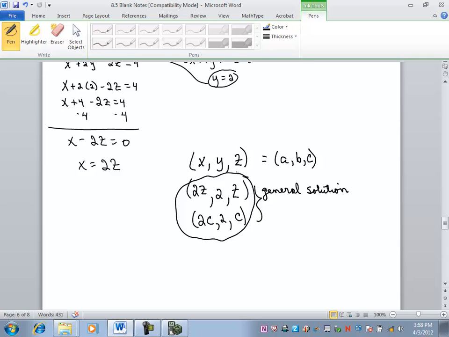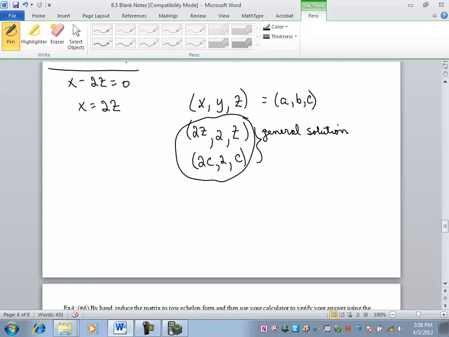And you say, well, a general solution, what do you mean by this, Kevin? Well, a general solution as opposed to a particular solution. So if I have a particular solution, c equals z equals, let's say, 1. Well, if this is the case, then the particular solution is 2 times 1, comma 2, comma 1, which is 2, 2, 1.